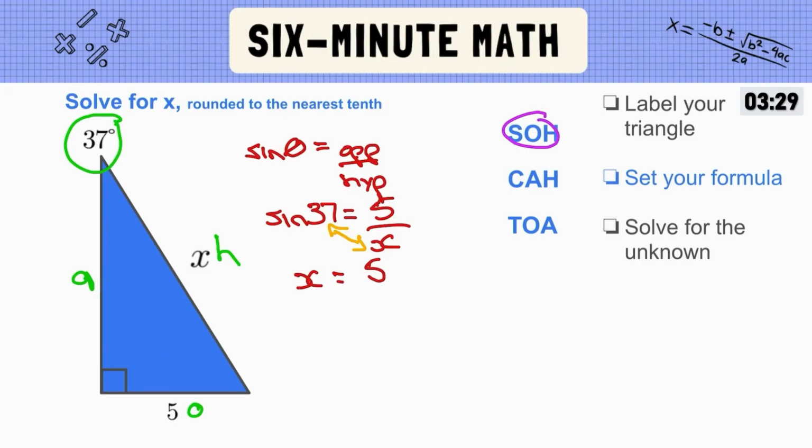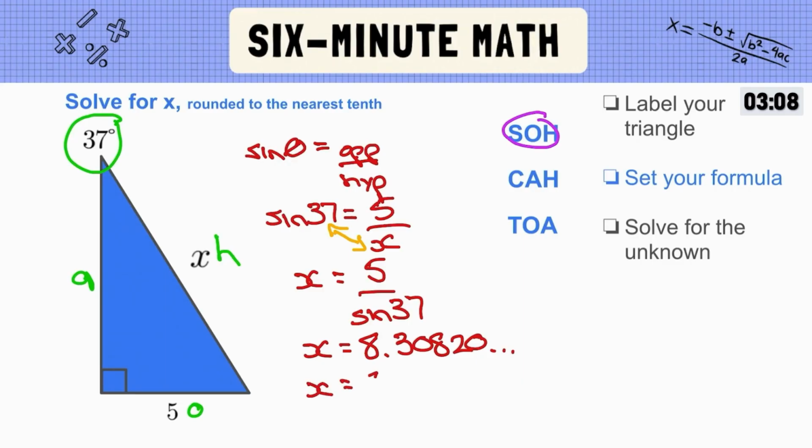This gives me x equals 5 divided by sine 37. I would plug that into a calculator, and I would have x equals 8.30820. And then my question is asking me to round it to the nearest tenth. So in this case, x is equal to 8.3.